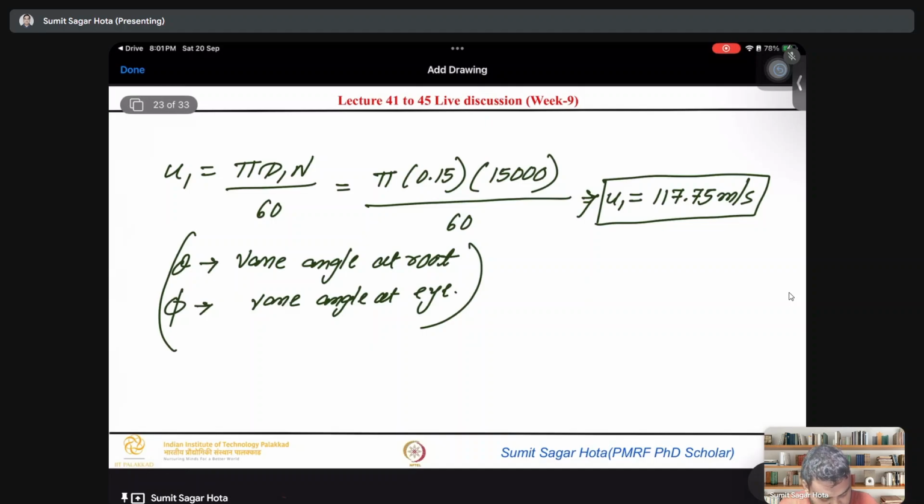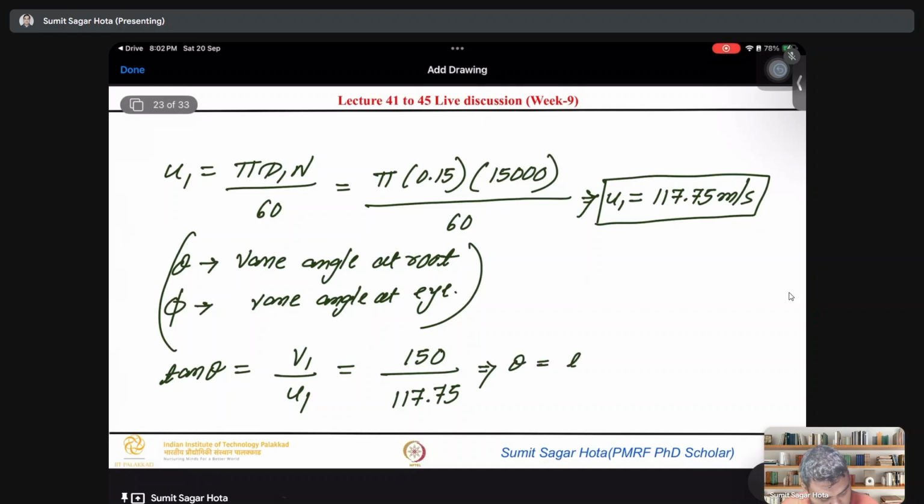So tan theta is equal to V1 by U1, which is 150 by U1, and U1 is your what? 117.75. Okay. What is theta then?